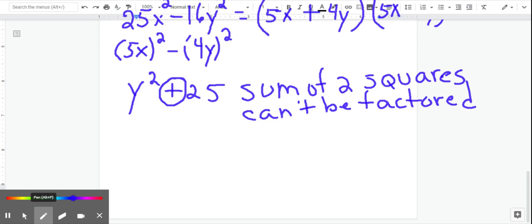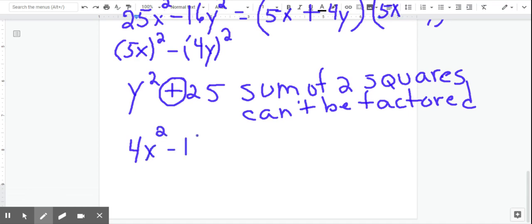So what if we had 4x squared minus 16? Our first question that we ask ourselves when we factor is, is there a GCF?